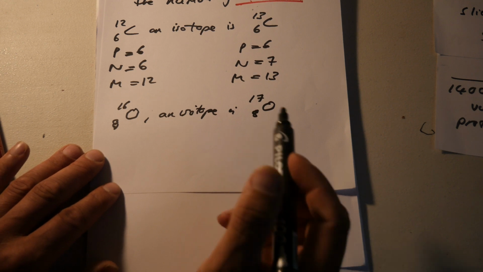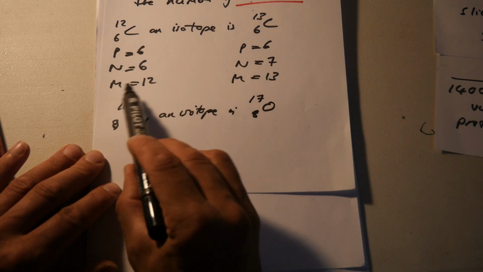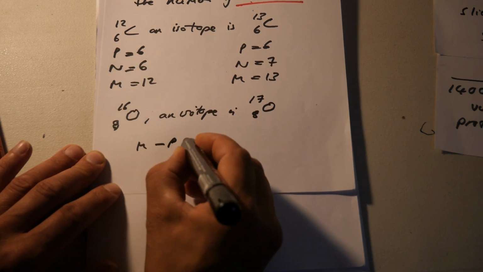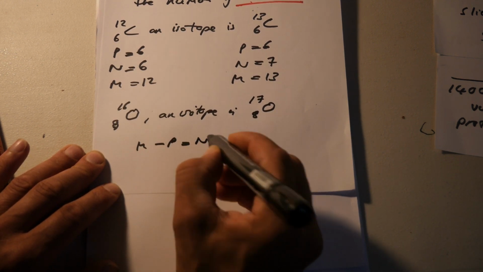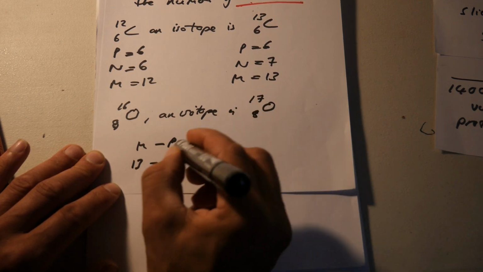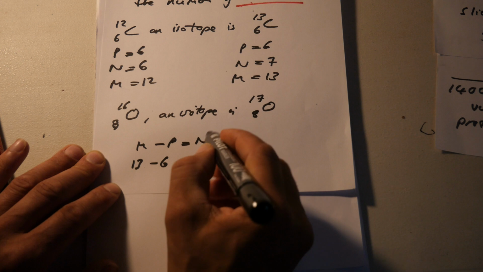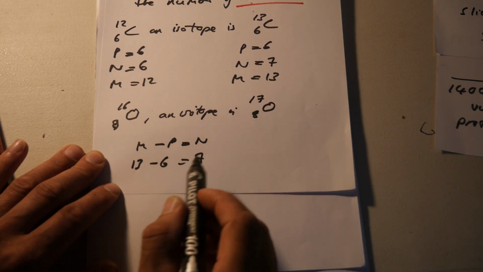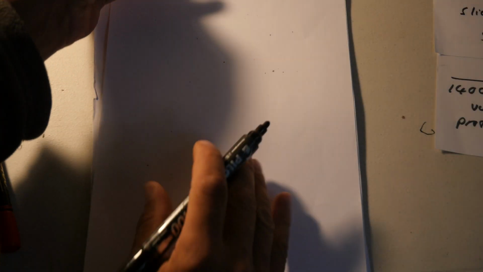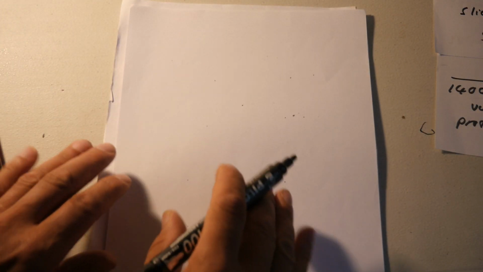So you can obviously see here, if you take the mass minus the number of protons, that will equal the number of neutrons, okay? So 13 minus 6 equals 7, okay? Hope that's clear.